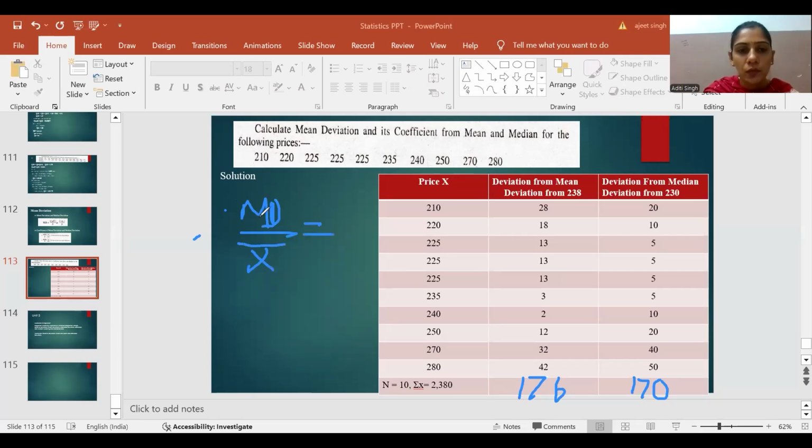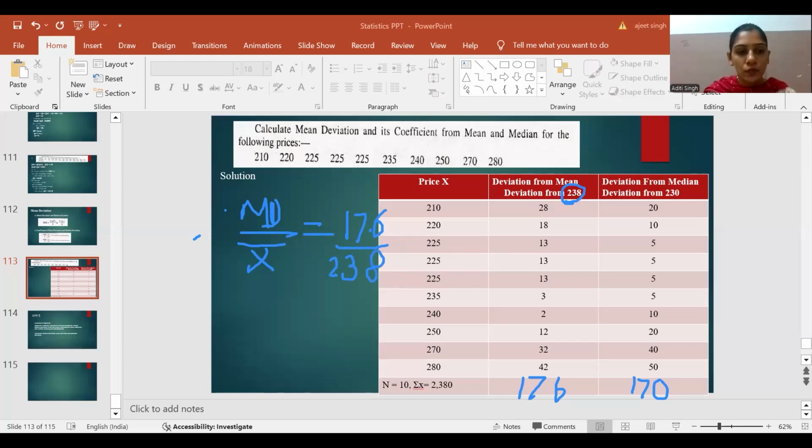When we calculate with mean deviation, the value of mean deviation is 17.6 and we have to divide it by x bar. The x bar value is 238.